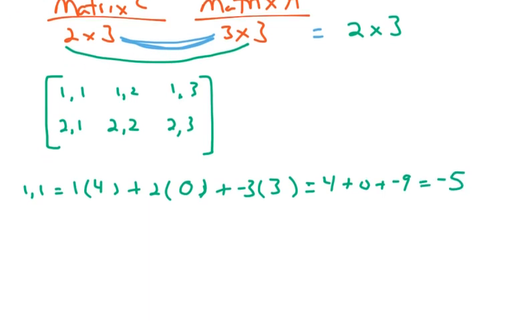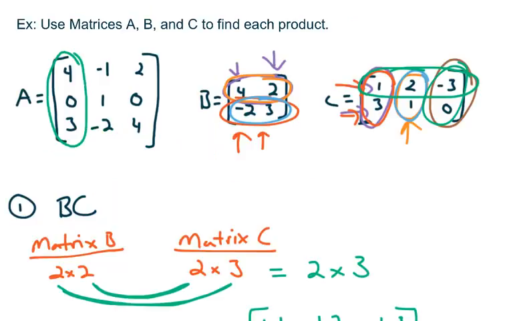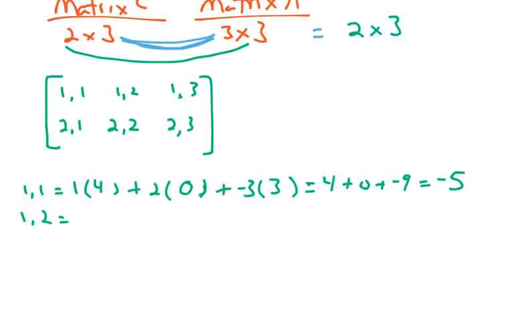Okay, so we're just going to keep going across the row, or down the column, doesn't really matter. I'm going to go row 1, column 2. If I'm using the same row here, these numbers outside the parentheses are going to stay exactly the same because we're still using row 1 of matrix C. So it's still going to be 1, 2, negative 3. We're going to be multiplying, adding, multiplying, adding.